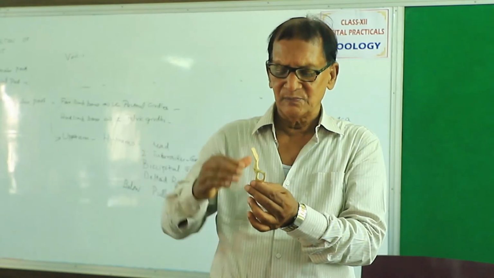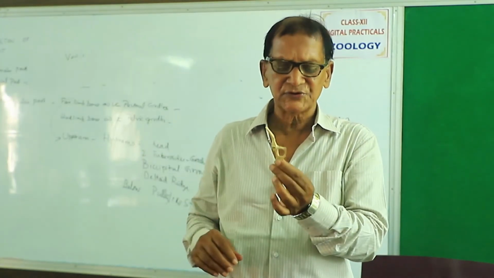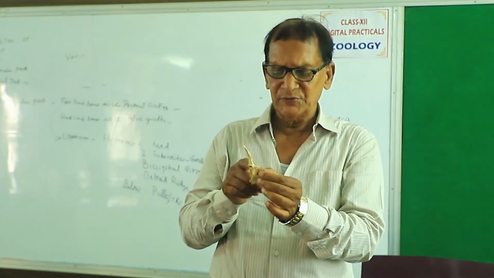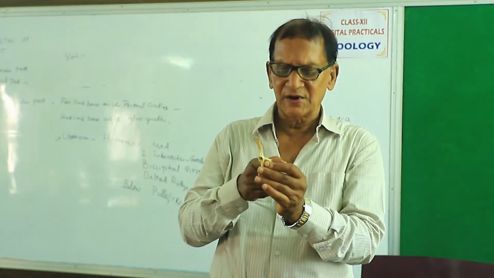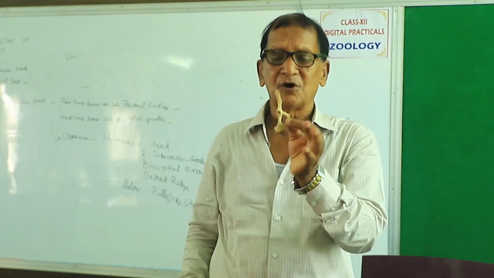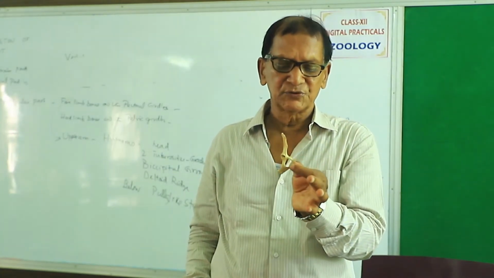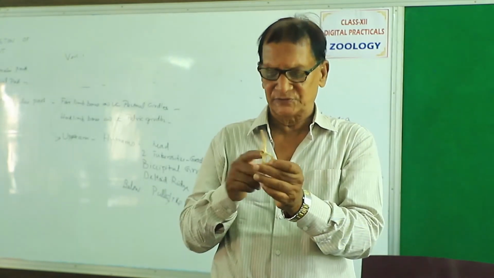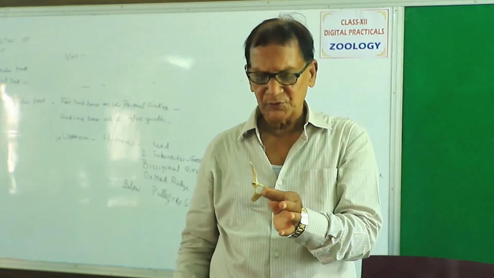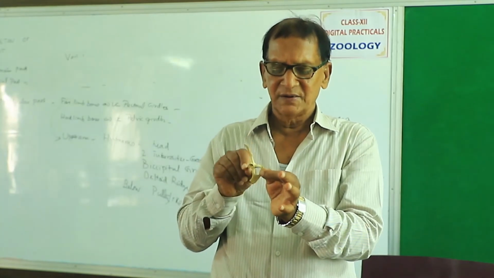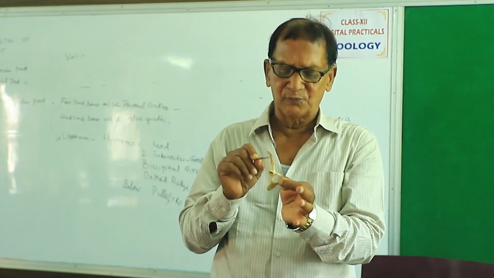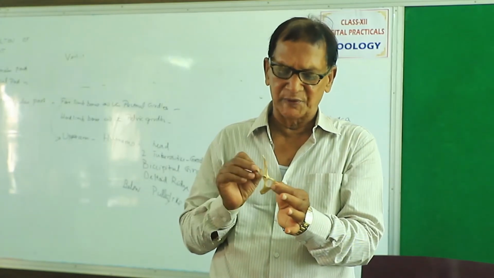This is the ischium below on the sides, and this is the pubis. In between, there is a large hole that is called the obturator foramen. Through this obturator foramen, nerves and blood vessels pass. It is a fairly large opening to be called a foramen, as foramen generally means a small opening.